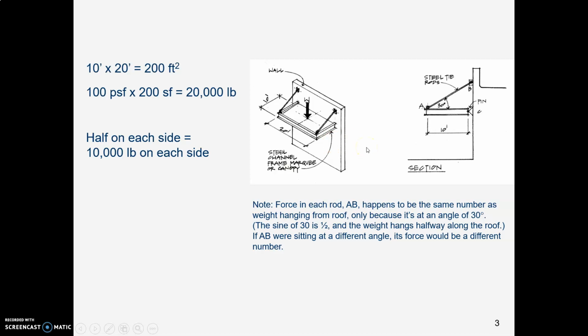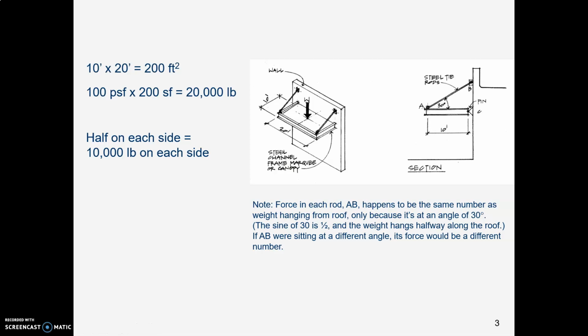Let me just point out that the way he worded the question, he tells you about how this rod is at a 30-degree angle and so on. In order to figure out the force in that rod, we would need to do a little bit of trig. And we're not going to do that because it turns out that the downward load of the weight is 10,000 pounds on each side, and it's also 10,000 pounds on the rod.